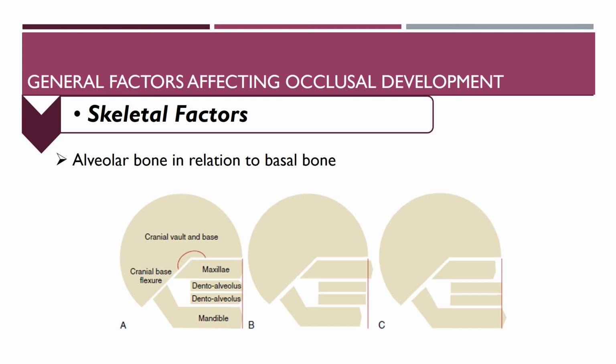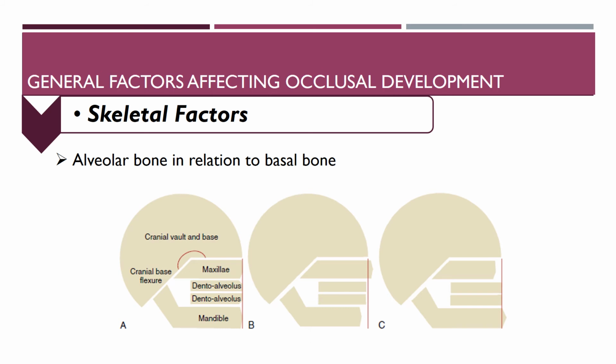Even though there is a protrusion in the maxillary basal bone and a protrusion in the mandibular basal bone, the alveolar bone is in a normal position for both jaws. While in this condition, there is a protrusion in the maxilla and protrusion in the mandibular basal bone.